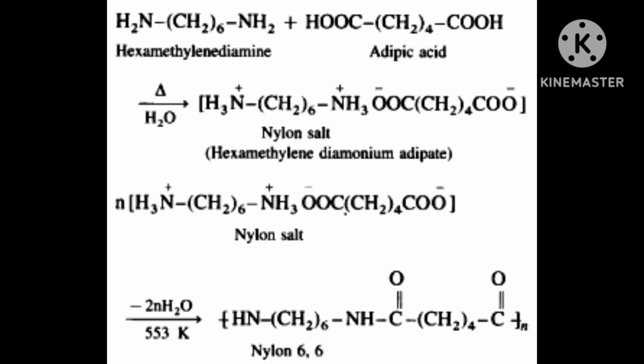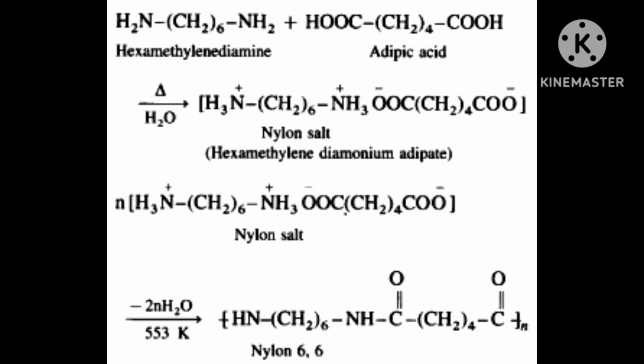Here also H2O will go outside. COOH is there, that OH and H from NH2. And now same way OH will go as OH minus, carbon will become positive, H is going as H positive, nitrogen will become negative, nitrogen and carbon will join. Then the product what you will get, that is nylon 6,6, correct? You can write very easily.